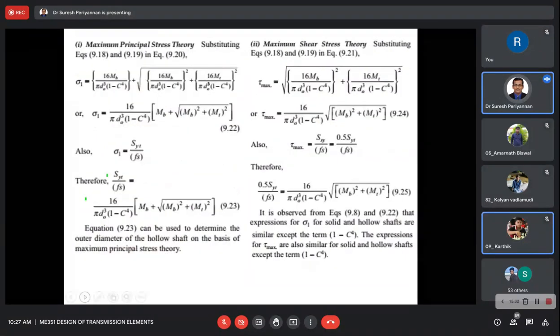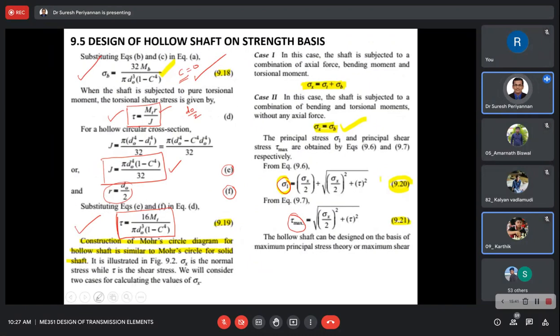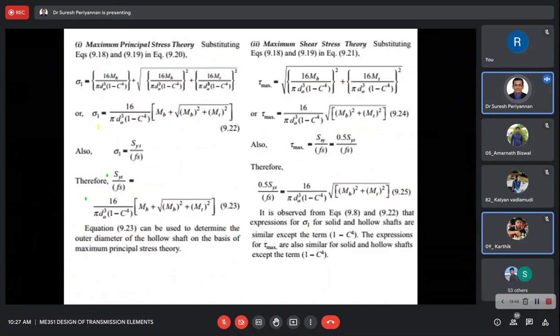Now see here, whatever we discussed in the earlier slide, I told you to substitute 9.18 and 9.19 in this equation. Then for sigma 1, we finally get this equation: sigma 1 is equal to 16 divided by pi d naught cube into 1 minus c power 4. This is sigma 1.